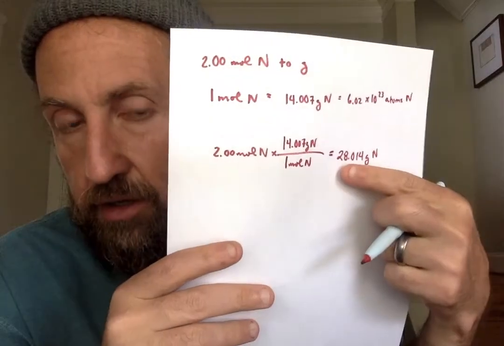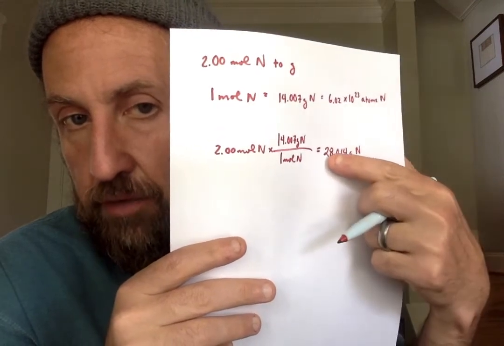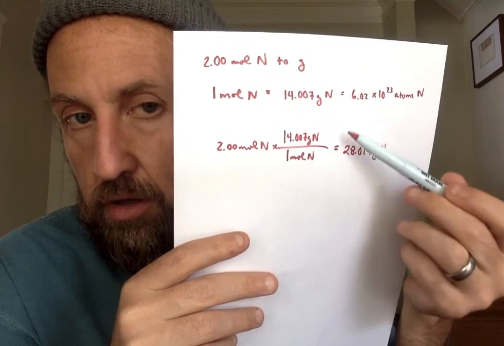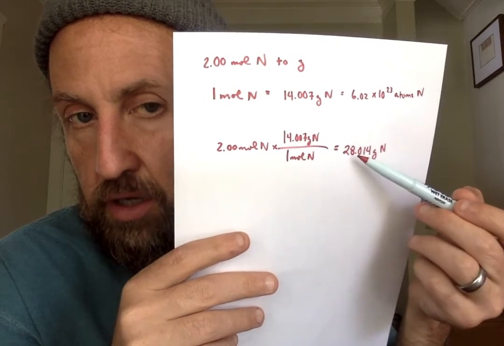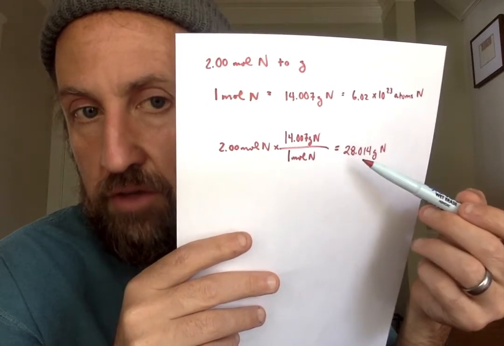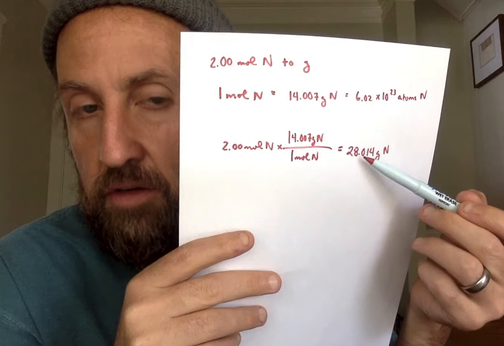Now, since they started us out with 3 sig figs, I get that as my answer. You definitely take the 28, that's 2 sig figs. And then this 0 here, since there's something after it, that's going to be significant.